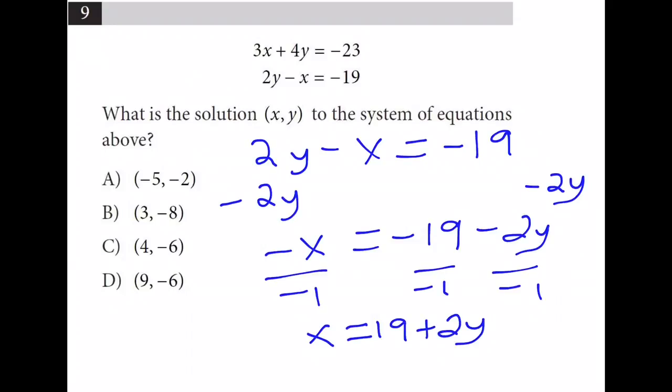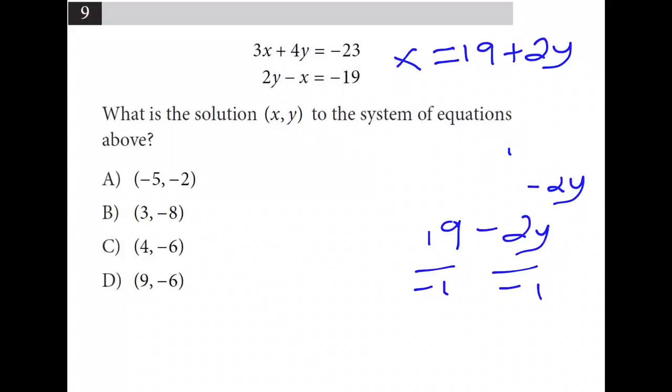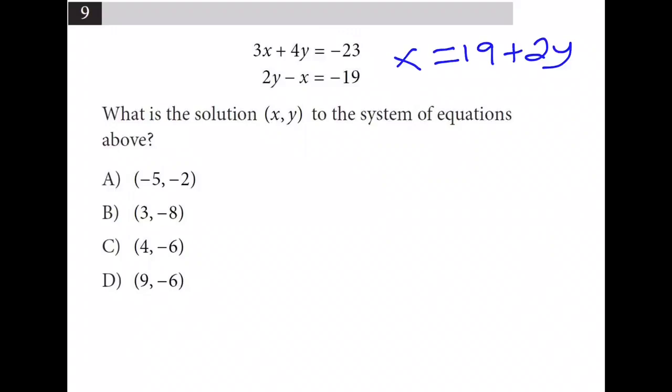So let's take this equation, move it up here, clear our board a little bit, and we'll plug it into the other equation. We can take, instead of 3x, what x is equal to. So this x here is going to be replaced with 19 plus 2y, like this.